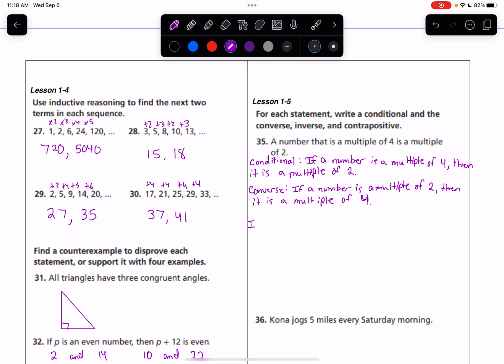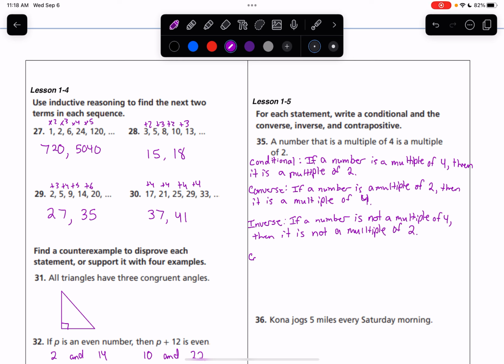Then we have the inverse, which is where we negate the hypothesis and negate the conclusion. So if a number is not a multiple of 4, then it is not a multiple of 2.